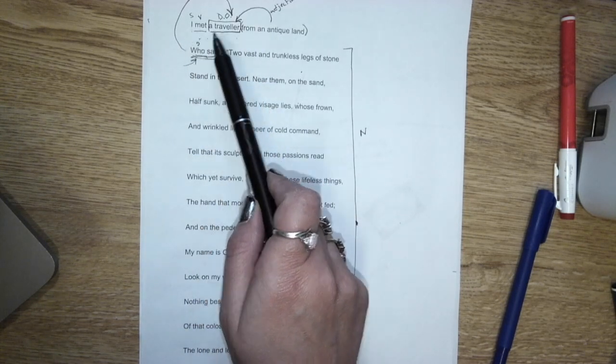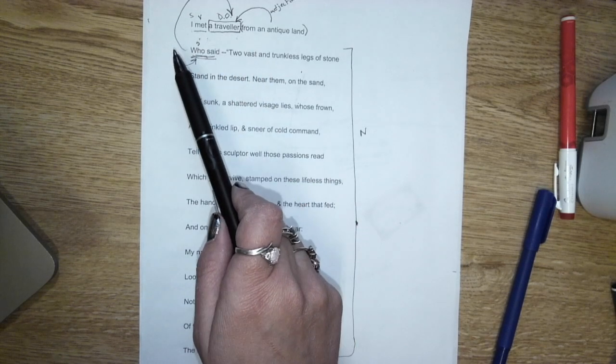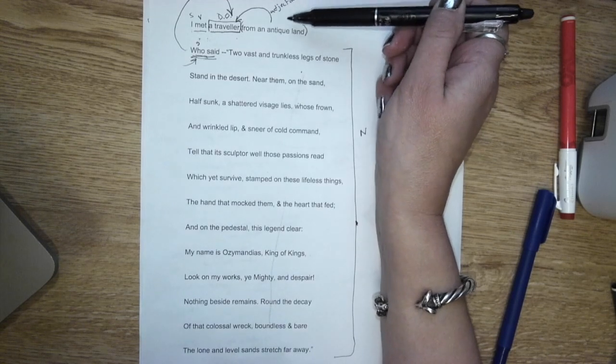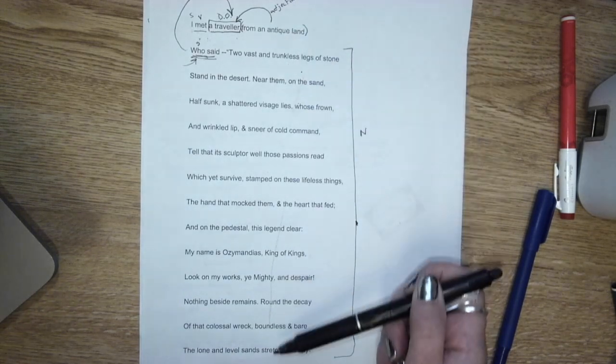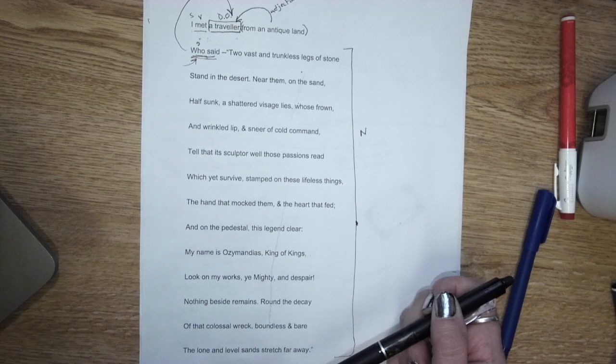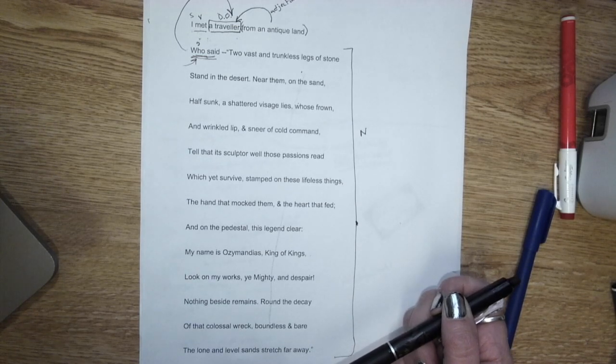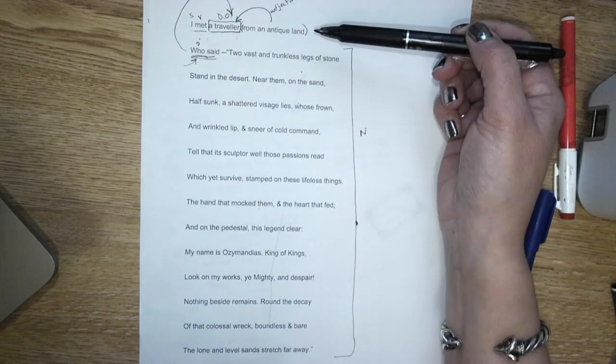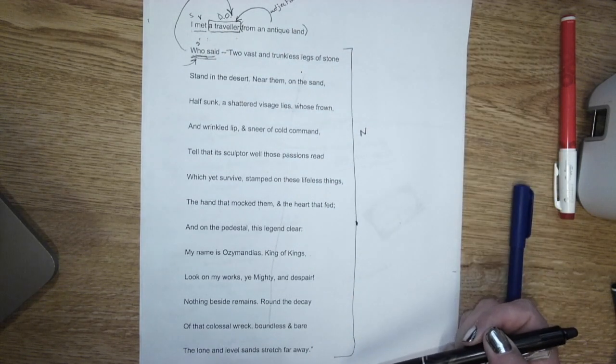And what that grammar does is to remind you that this is the main idea. This part is what we might consider true, right? All of this, starting with this questionable from an antique land, becomes grammatically not necessary to the meaning of that sentence, I met a traveler, because all of this is a gigantic adjective. Okay?